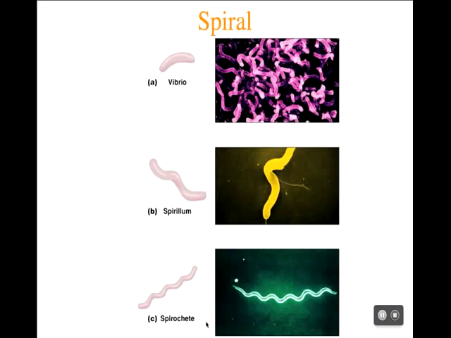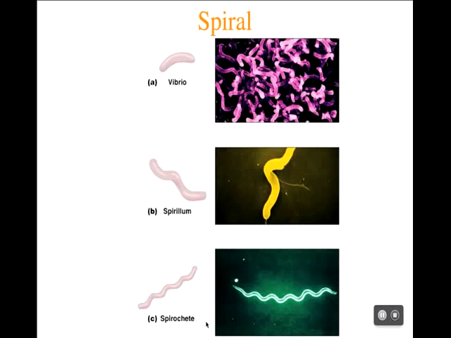We're going to see that spirochetes have a structure called an axial filament, A-X-I-A-L filament. Right? Spirochetes have this axial filament, and that's what actually gives them this twisted structure. And we'll see it also causes spirochetes to spin through the media as they swim.